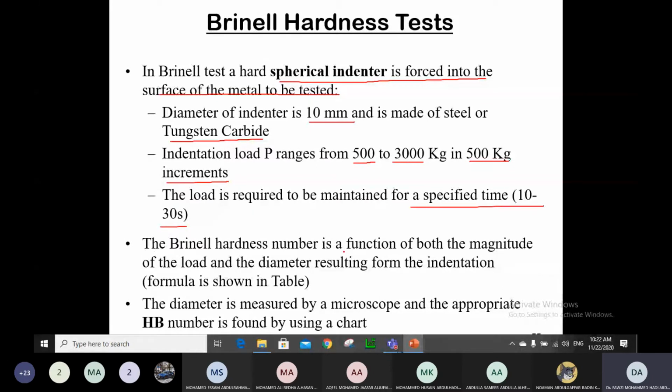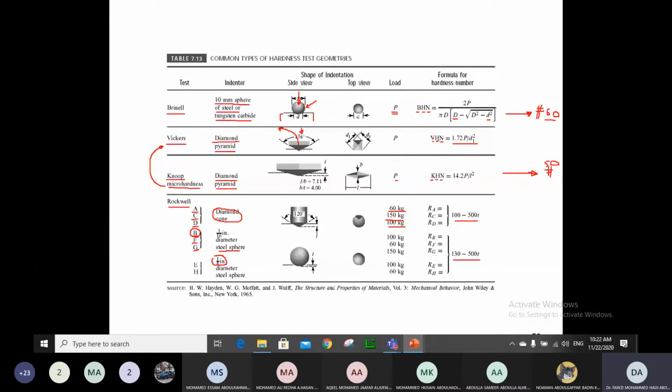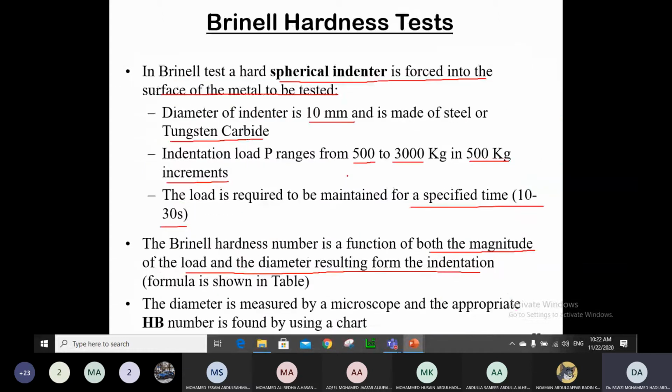The Brinell hardness number is a function of both the magnitude of the load, the P, and the diameter resulting from the indentation, which we saw in the formula here. So we have the load and the indenter and the indentation diameters.